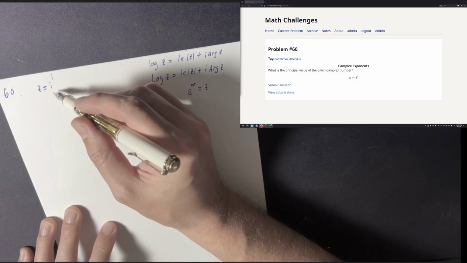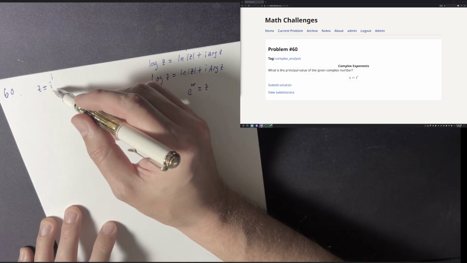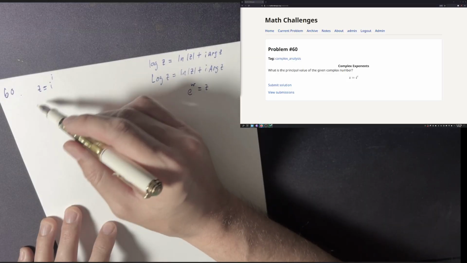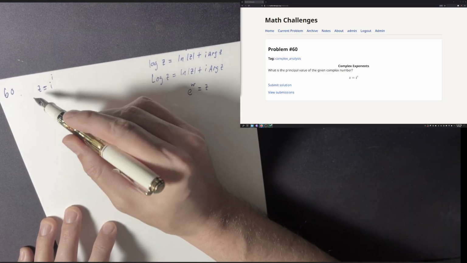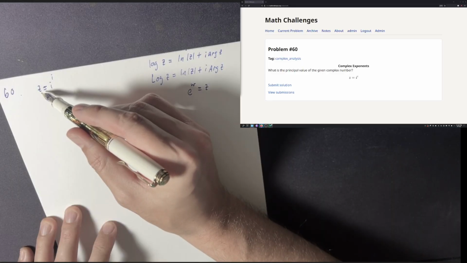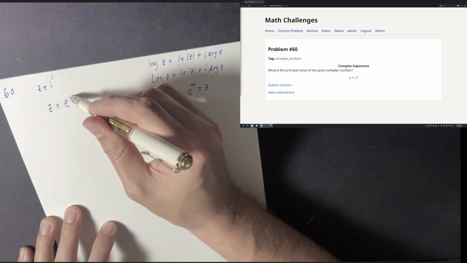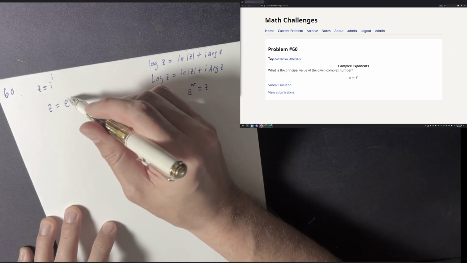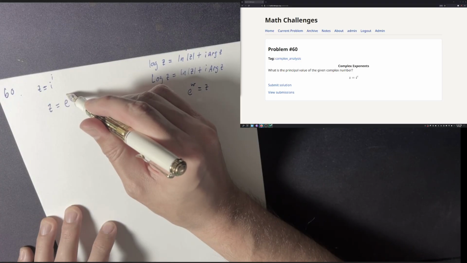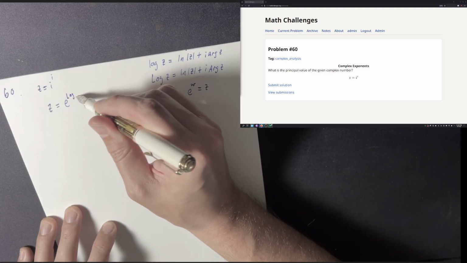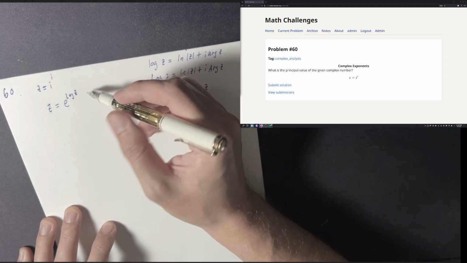What I would do is I want to take a logarithm right away so I can pull this i down. So write this as e to the log of the original stuff. Let's do it this way. Does that make sense?